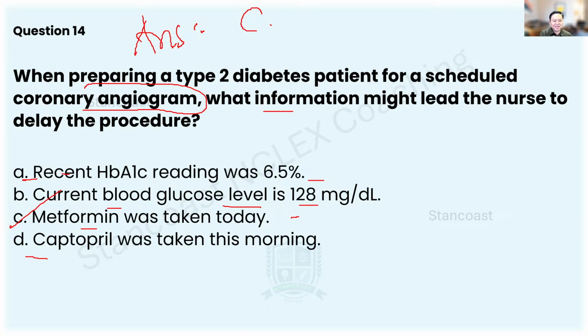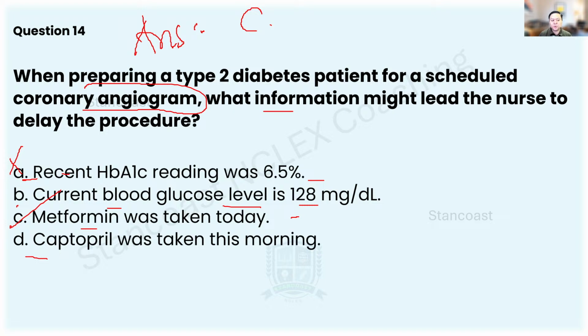If you answered letter A, recent hemoglobin A1C of 6.5, 6.5 is actually one of the target goals for good diabetes control. Not necessarily gonna delay the procedure. No contraindication at all. If your patient has a blood glucose of 128, it's slightly elevated. There's no contraindication.